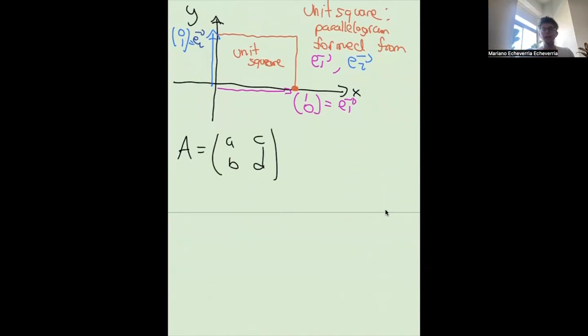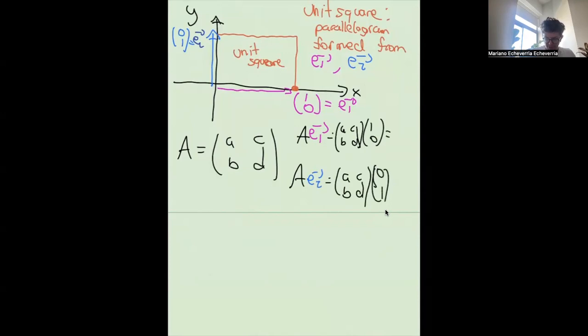So you can consider multiplying the matrix A by the vector E1, or you could also multiply the matrix A by the vector E2. Let me write this very explicitly: A, B, C, D times 1, 0, and A, B, C, D times 0, 1. Can anyone tell me what you get if you do those two products?